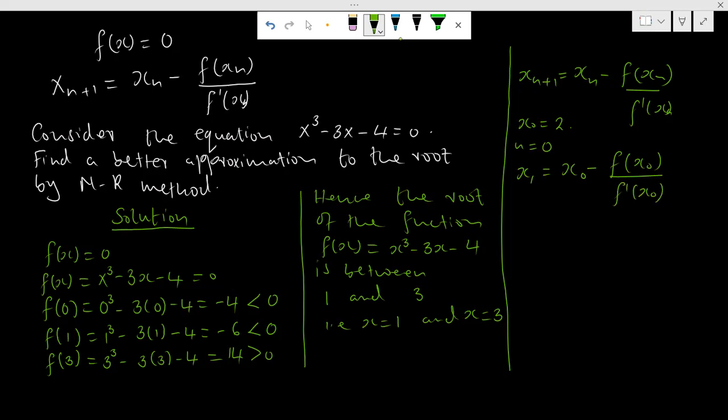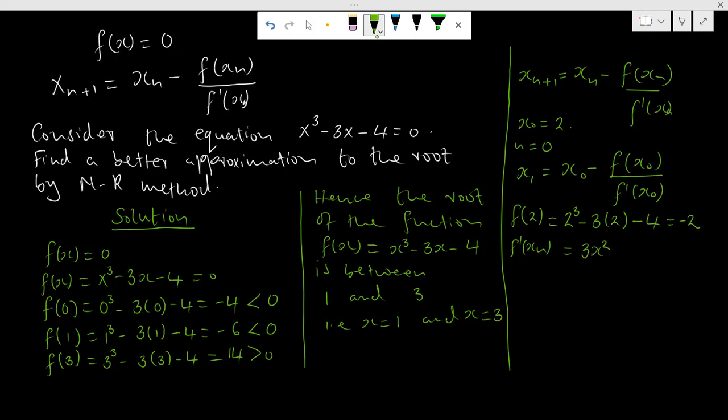And so we need to evaluate f at 2. f at 2 will be equal to 2 cubed minus 3 times 2 minus 4, which is equal to negative 2. Then for f prime, we differentiate the function f of x and it becomes 3x squared minus 3.